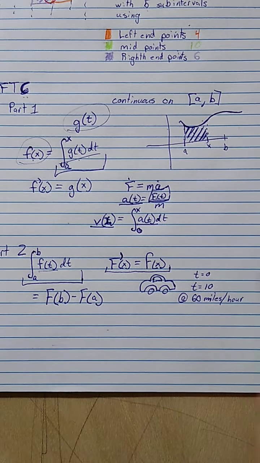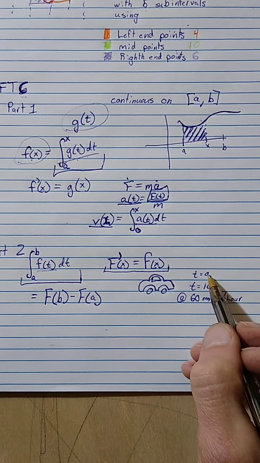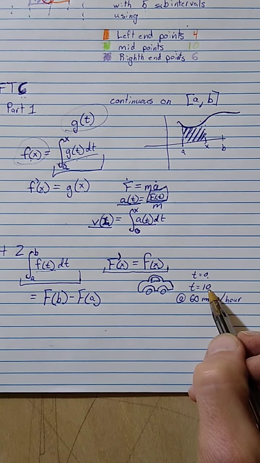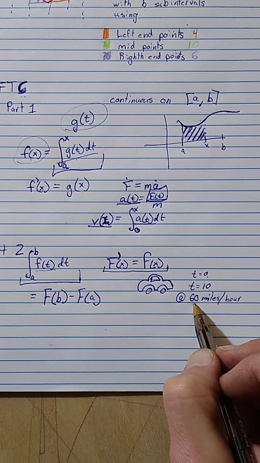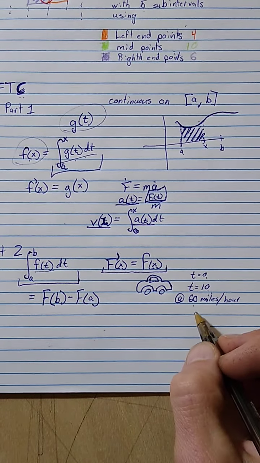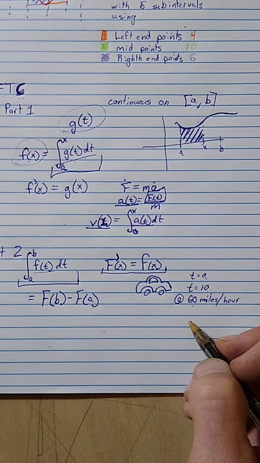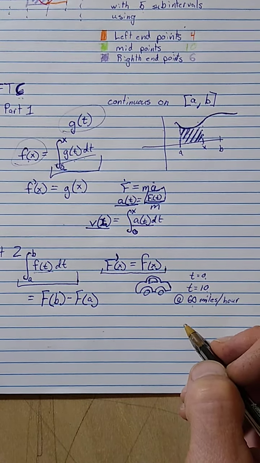Oops, losing me off the edge here. Perfect. Okay, so I've got a car, and it's going to drive from time 0 to time t at exactly 60 miles an hour. We won't worry about the fact that a car can't start going 60 miles an hour. It's already going that fast. Okay, and I want to know, how far does it go?